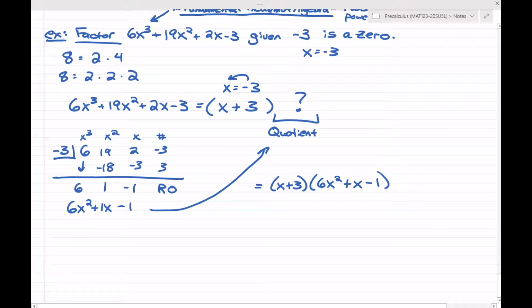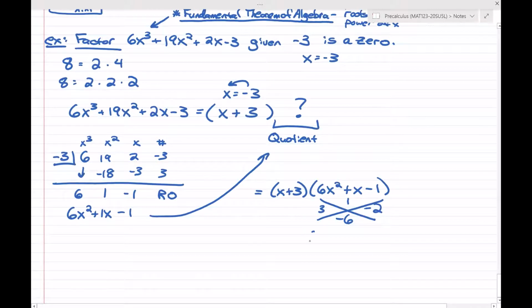Okay, so technically it's factored, but could we factor more? Let's look at this trinomial and see if we could find numbers that multiply to be negative 6 and add up to be 1. I was ahead of myself. 3 and negative 2 would do that, right? So if we factored this trinomial, we'd get 6x squared plus 3x minus 2x minus 1. Cutting it down the middle, we could take out a 3x.